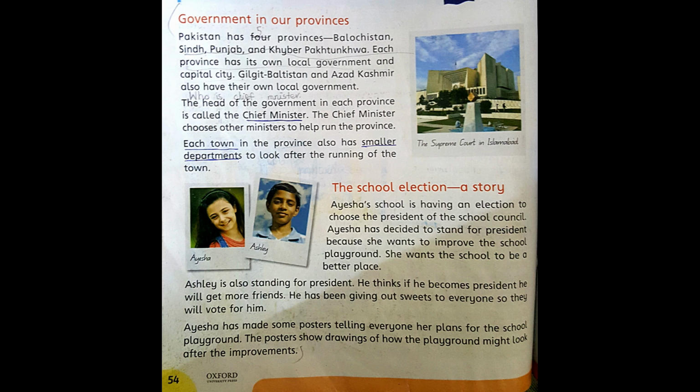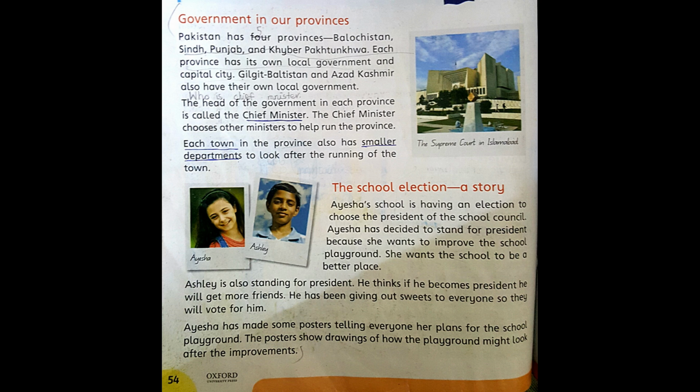They want to become president, so they have made different plans about the school, how they will improve their school departments and school parks, school playgrounds in future. So we read the story.